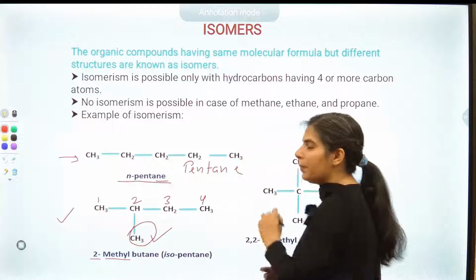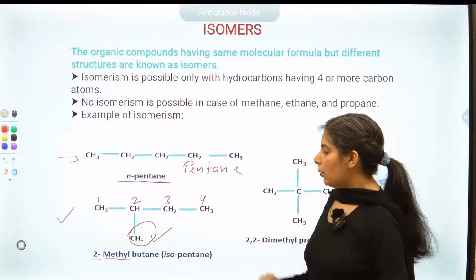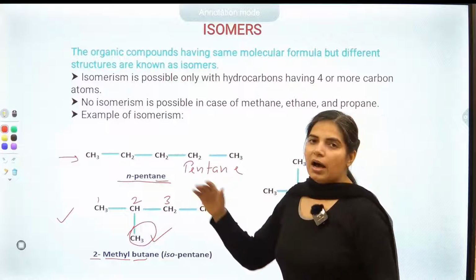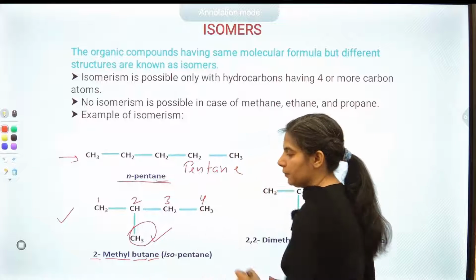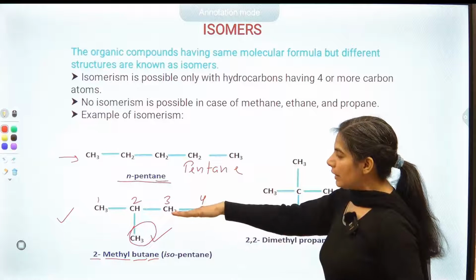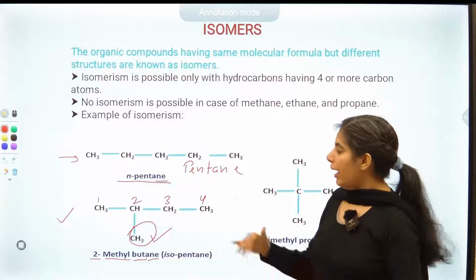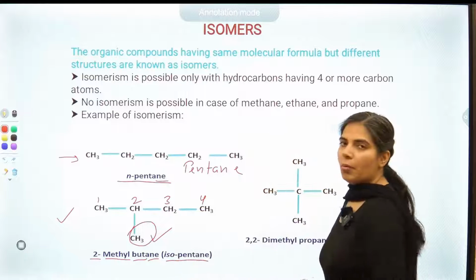And in our parent chain, we are having 4 carbons. And for 4 carbons, we will use but. And all carbons are having single bond. For that, we are using ane. So the IUPAC name of this compound is 2-methyl-butane. And if I talk about common name, the common name is isopentane.